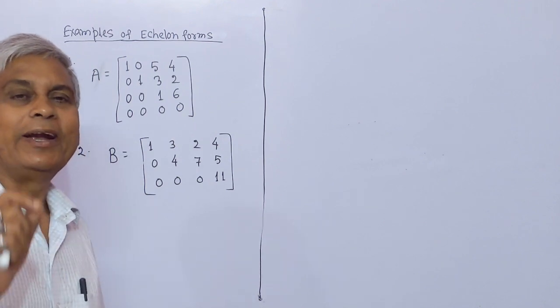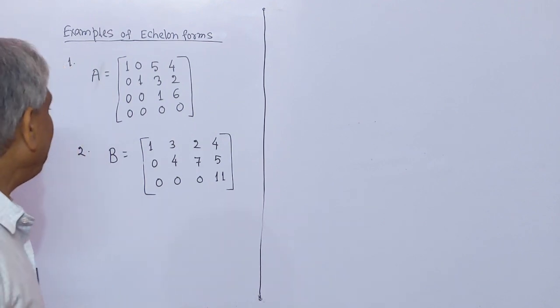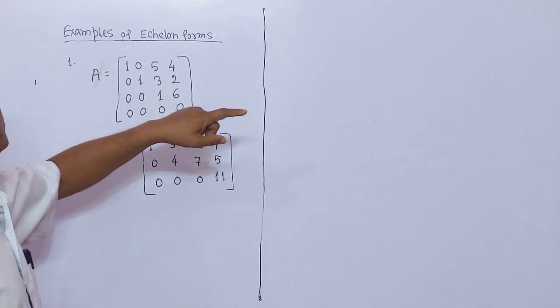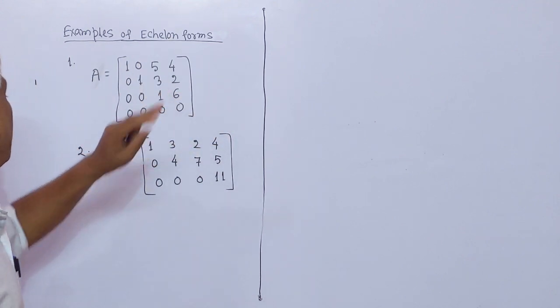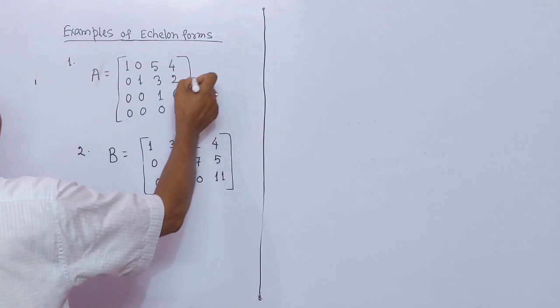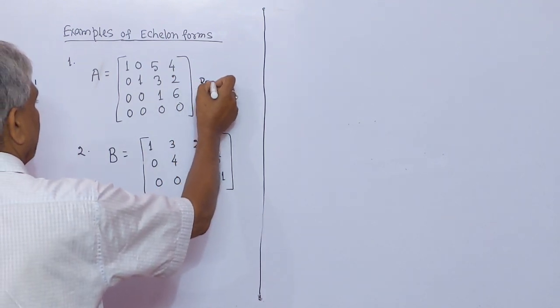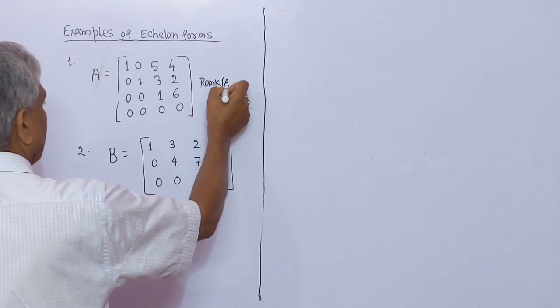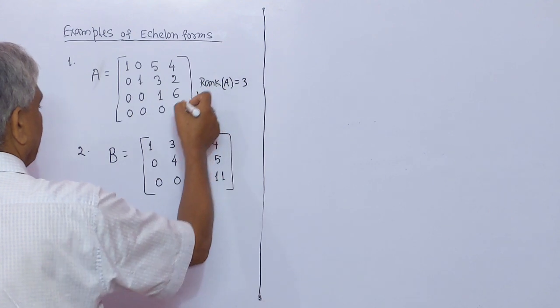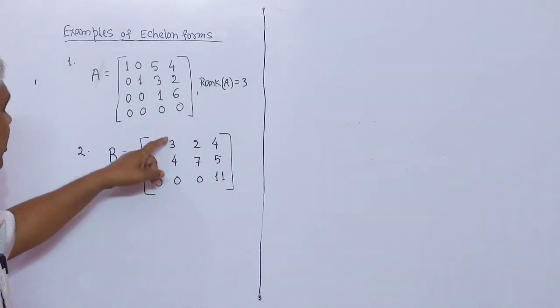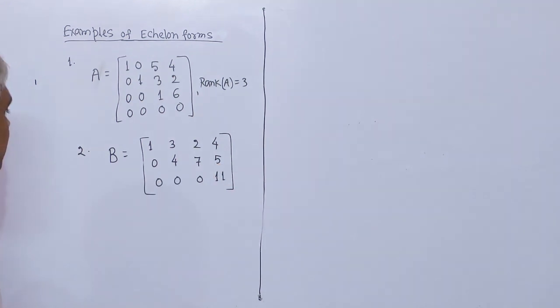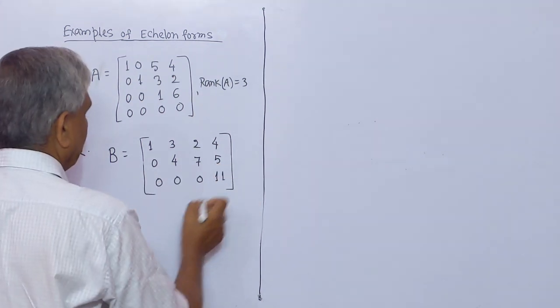It is to be noted that the number of non-zero rows is equal to the rank of a matrix. So rank of A equal to 3. Here also the number of non-zero rows is 3.